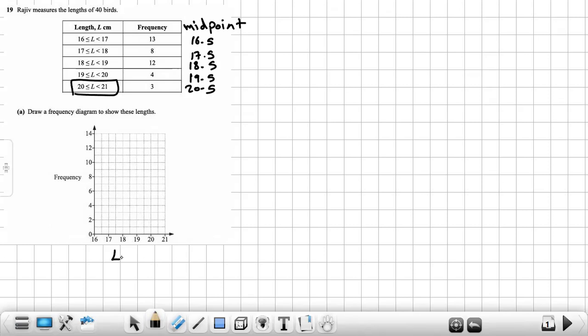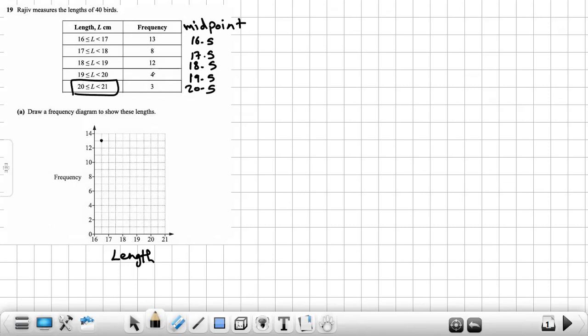So here you have the length. But which length am I going to draw to start from? Is it 16 until 13 or 17, 13? Neither. It is 16.5, 13. So 16.5, 13 over here.